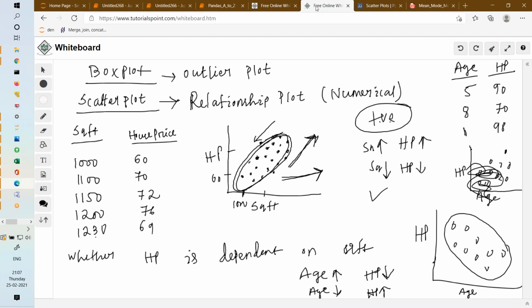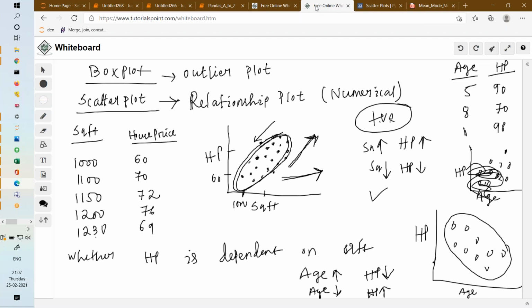Okay. So as a data scientist, and also as a data analyst, you should be very expert in plots. It's not that for every plot you know, you just copy paste the code. No, there should be some statistical meaning, right? If you really want to understand the outliers, you should go for box plot. If you want to understand distribution, you should go for histogram.